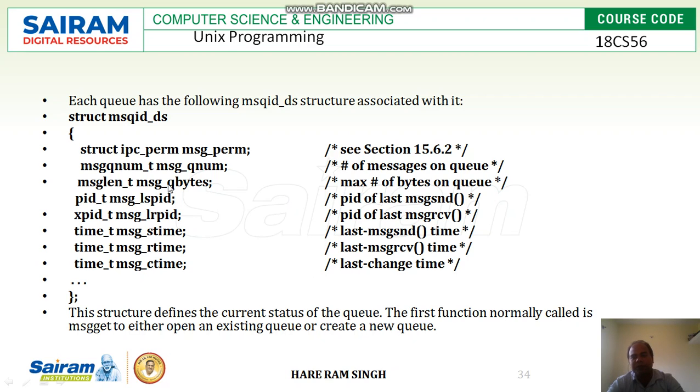So every message queue holds one data structure called msqid_ds.